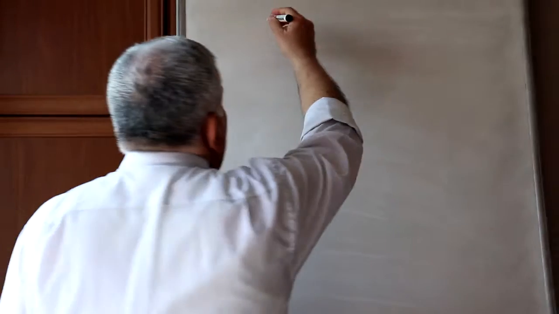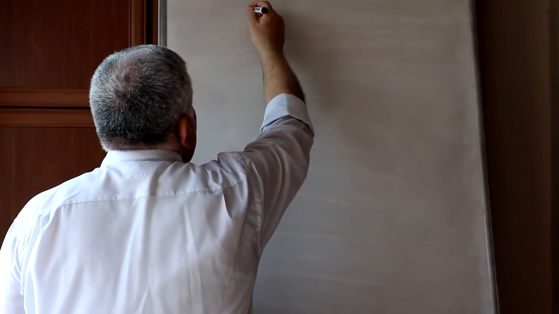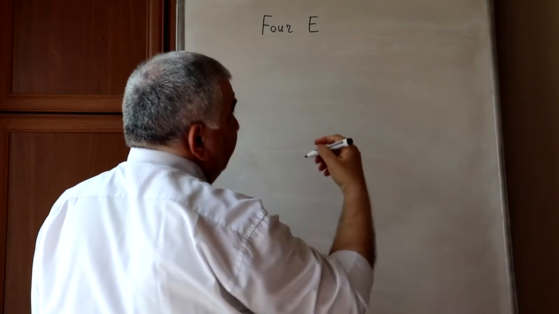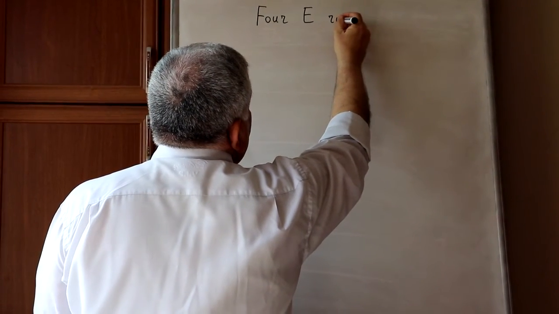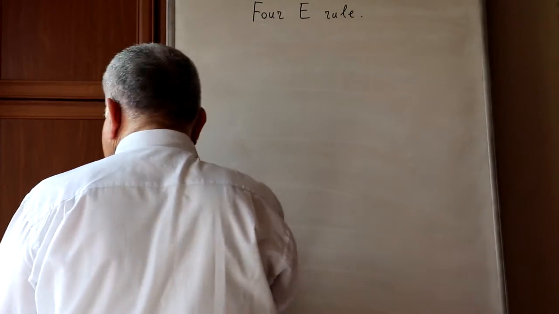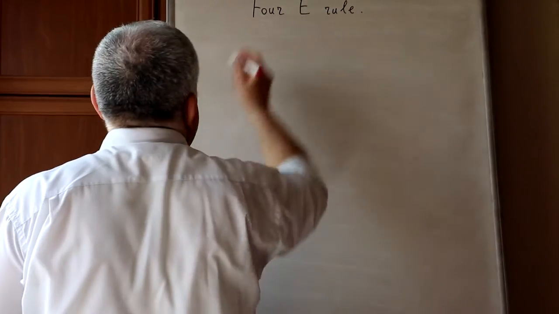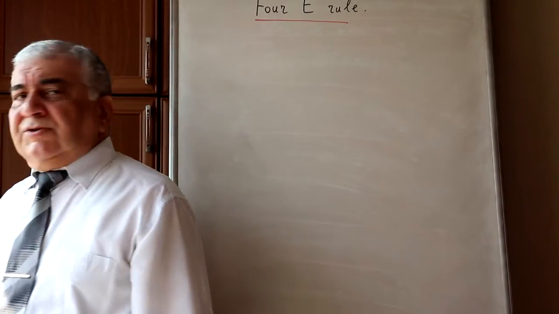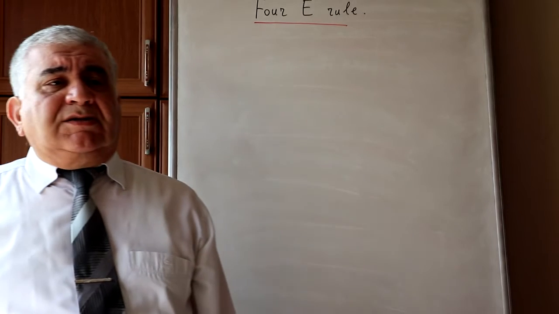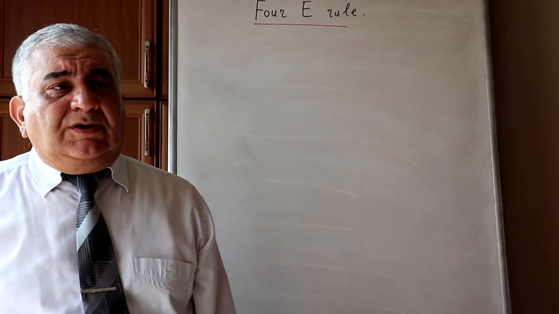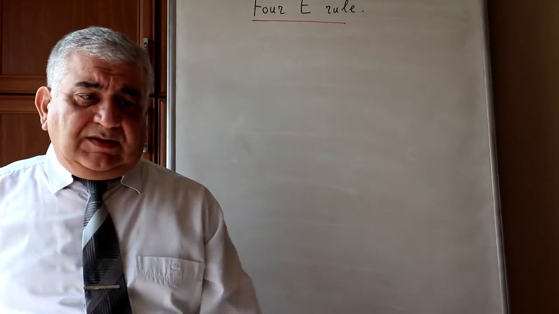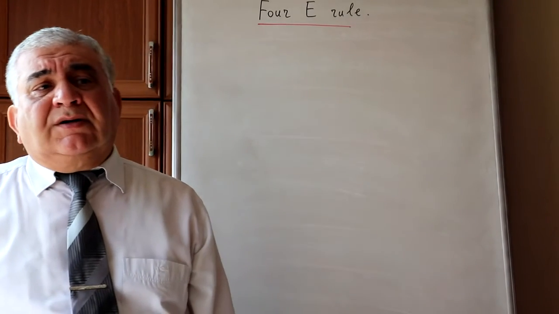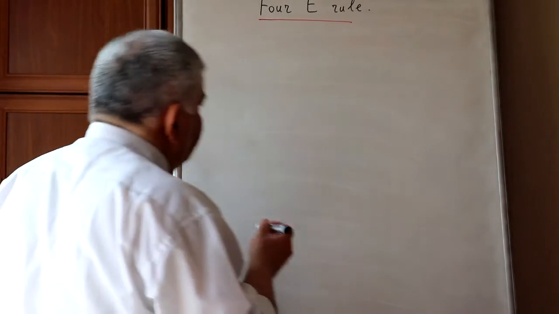Continue. Next topic is the four E capital, or sigma capital, rule. Use the formula of the probability that a continuous random variable with a normal distributive density will be situated inside the symmetric interval by means of the reduced Laplace function.